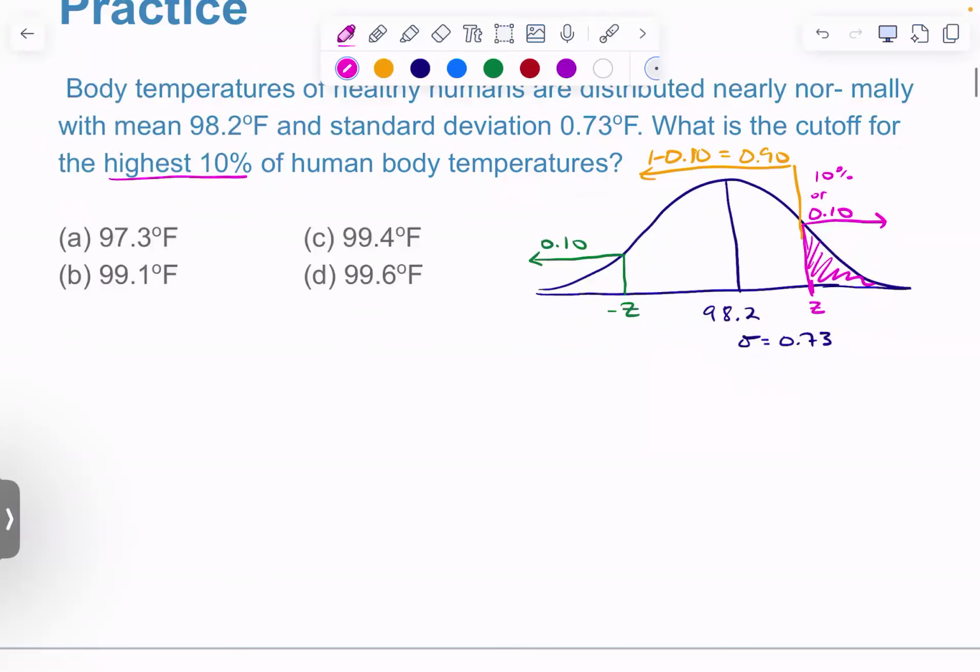So first, let's start off with this method here, right, to find our z. I'll try to use some sort of color coordination. Okay, using the Z table, we find the table entry closest to 0.9.